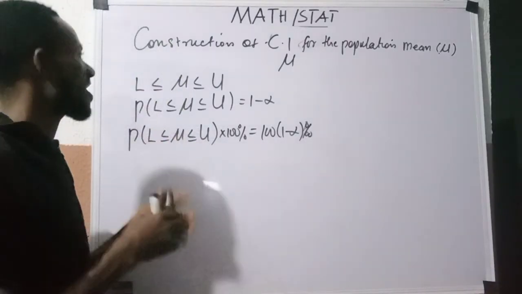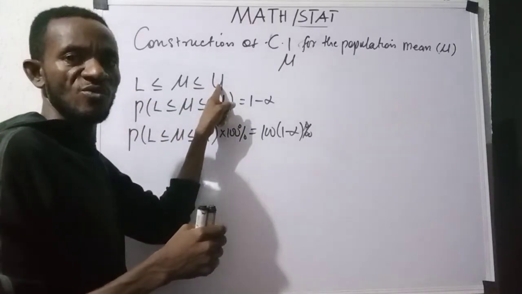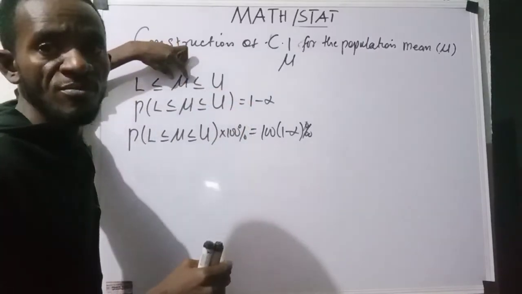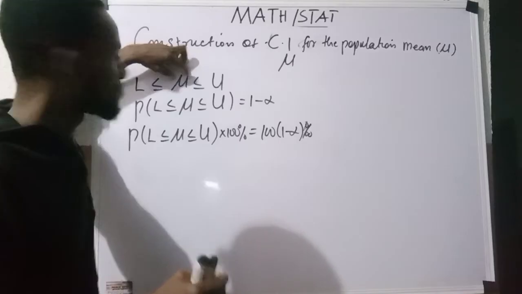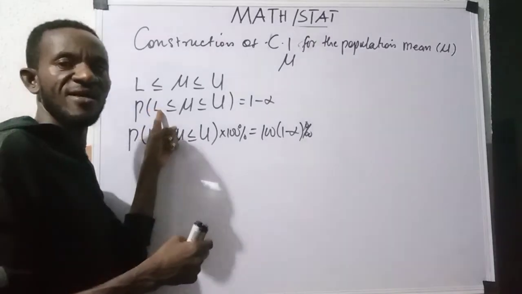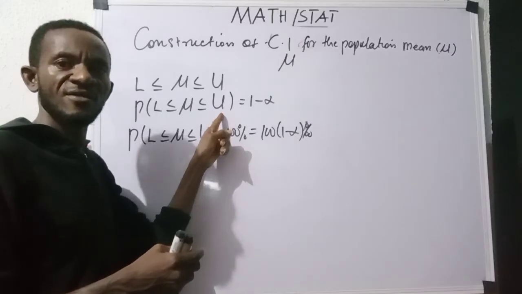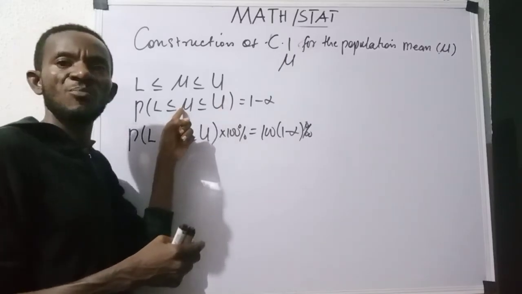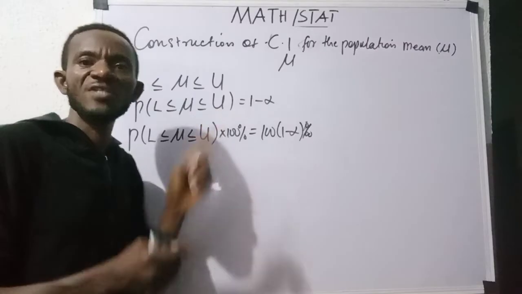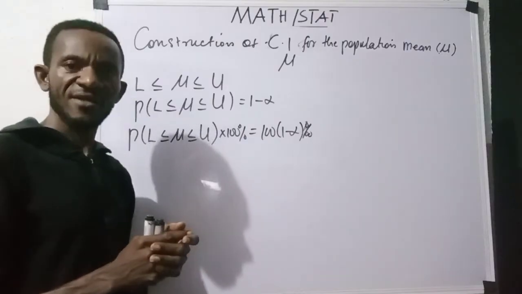Which means in this scenario, we are trying to obtain the true values of L and U, which will contain this unknown population mean mu, with a probability of 1 minus alpha, or with a confidence level of 1 minus alpha.